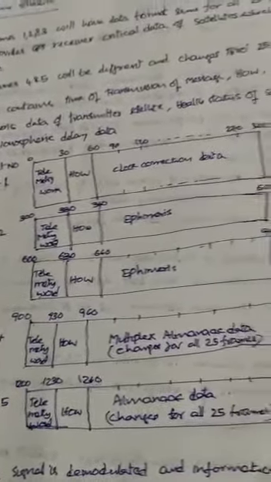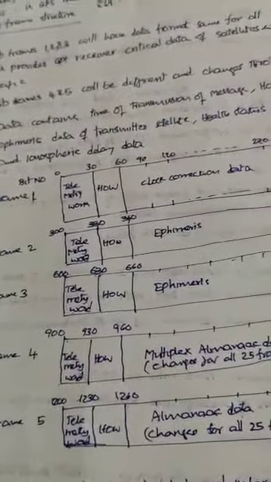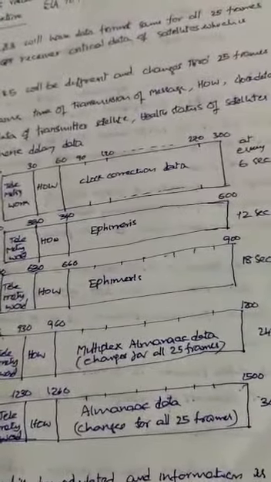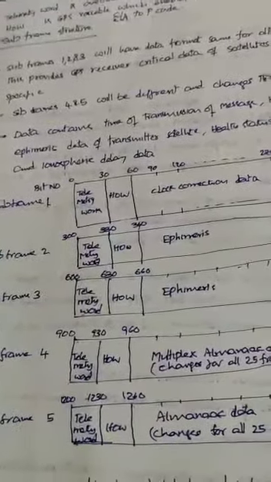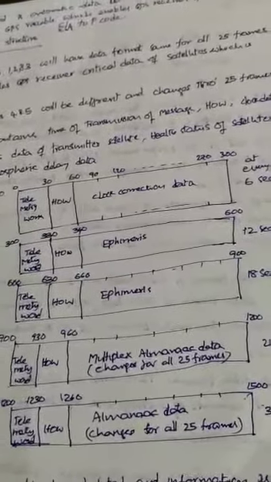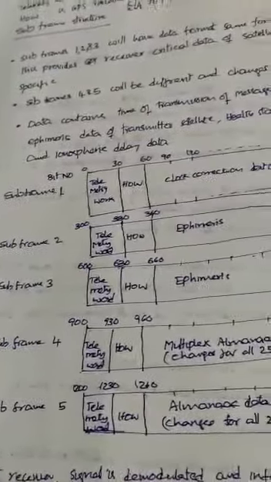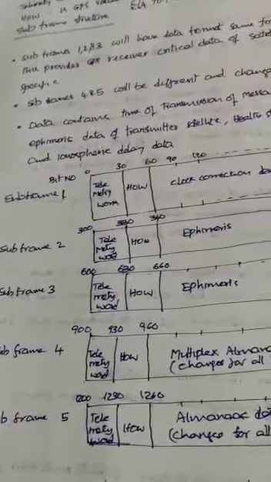Similarly, subframe 3 also contains the ephemeris data of the transmitting satellite. Subframe 2 ranges from 300 to 600 bits, and subframe 3 from 600 to 900 bits, each separated as different individual frames. Then followed by subframes 4 and 5.